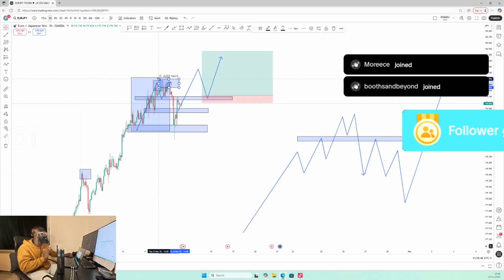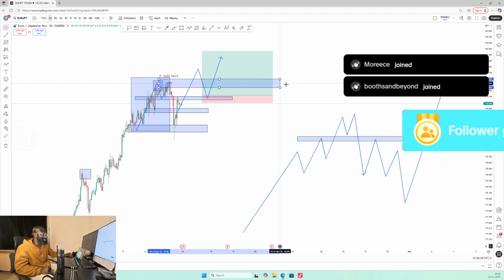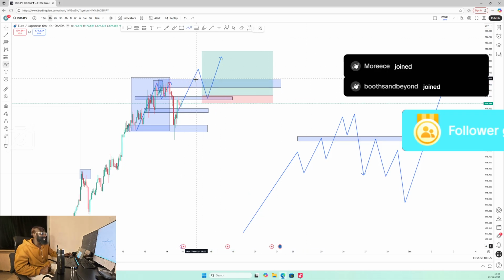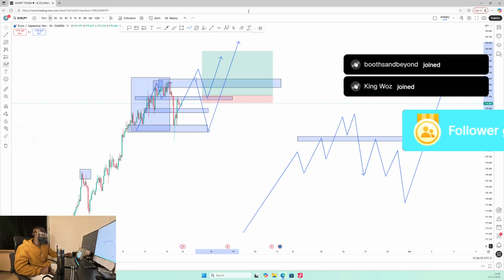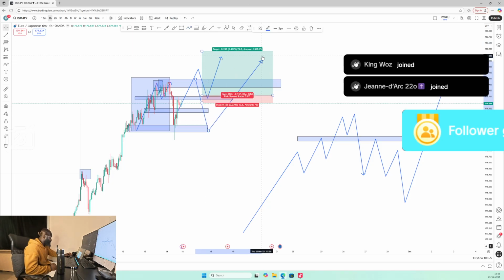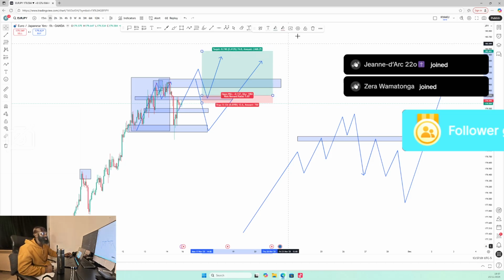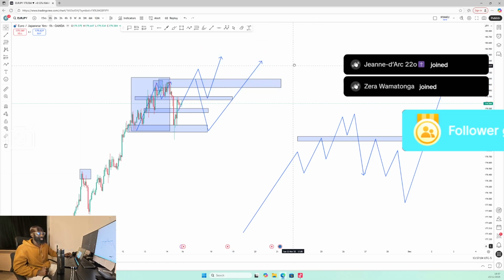If you don't wait for this setup by buying from this level here, bear in mind we have this resistance, that price can reject from that level and come and hit you before you move to your direction. So Jeff, I hope this time around I have tried my best to explain the chart.